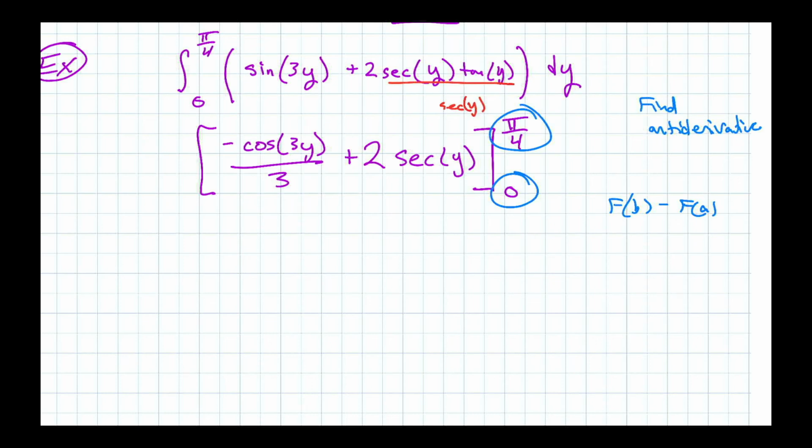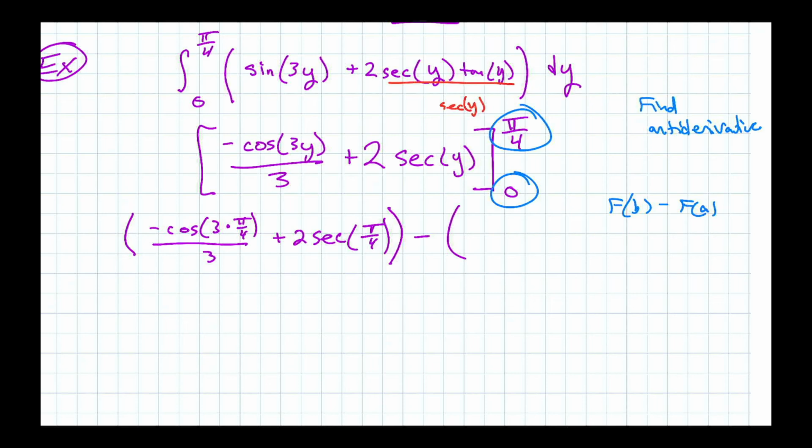So we end up with, in parentheses, negative cosine 3 times pi over 4 over 3 plus 2 secant pi over 4, minus, then we plug in the 0 for both of the y's. We get negative cosine 3 times 0, which is 0, over 3, plus 2 secant 0.